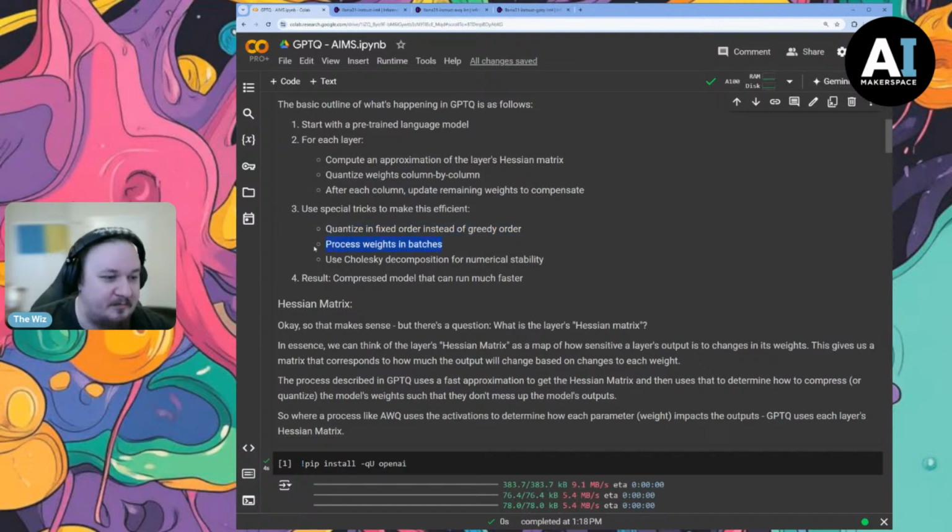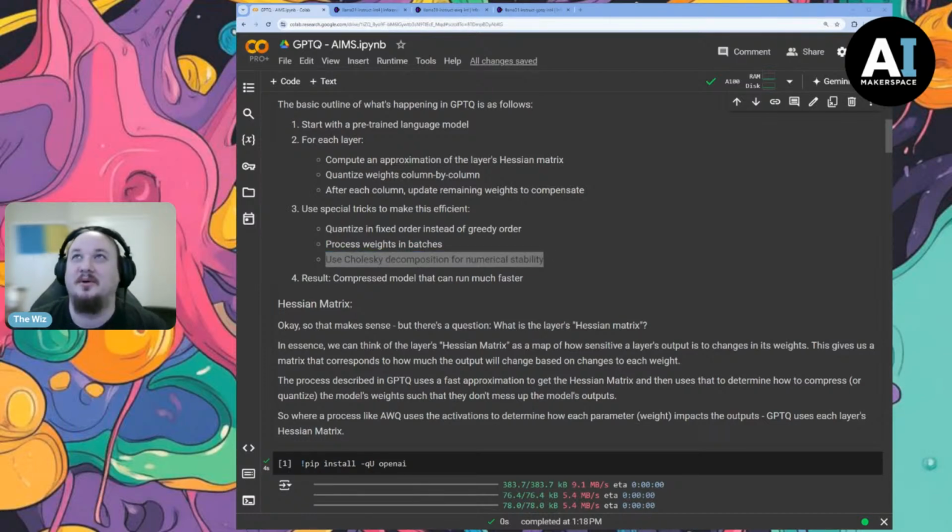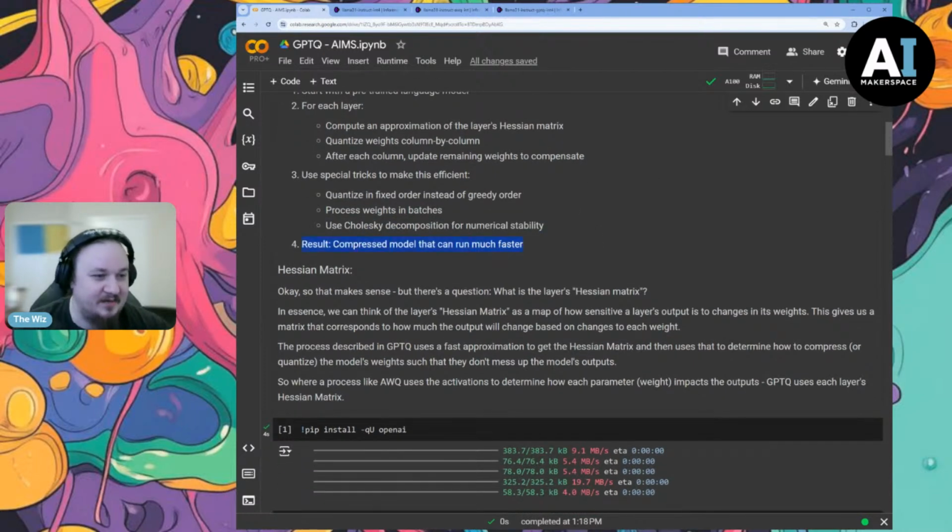We can process the weights in batches. Classic, batches let us do things in parallel. Parallel means we can do, say, 6 operations in the time it takes to do 1. And then we can use this Cholesky decomposition for numeric stability. It's just a fancy factoring method. There's nothing to it other than that. And then we have a compressed model.